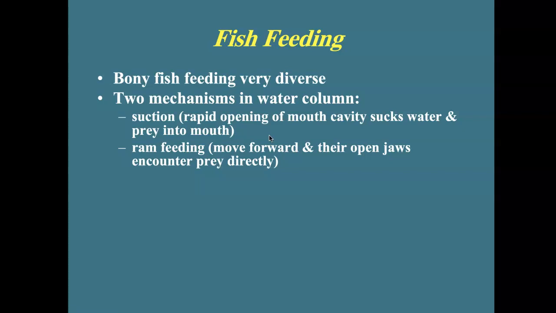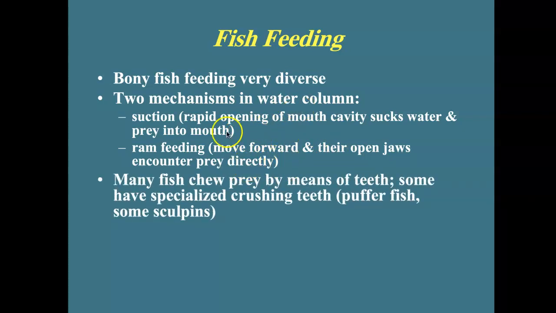And then you have things like ram feeding, where you have a larger, more predatory fish that's moving forward, opening their jaws and encountering their prey directly. Many fish will chew on their prey by means of teeth, but remember that those teeth will be specialized for their different feeding strategies.